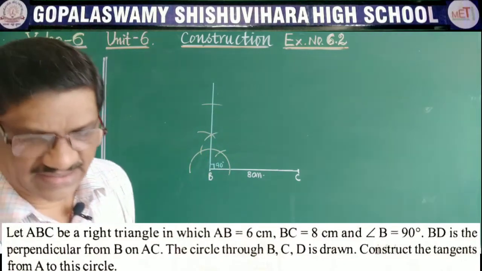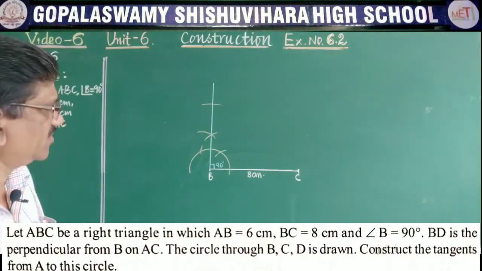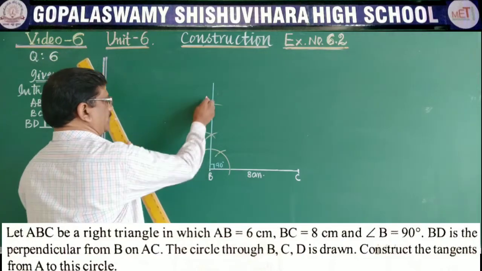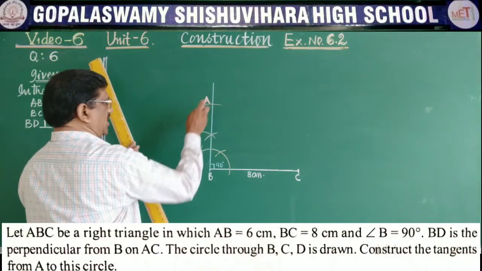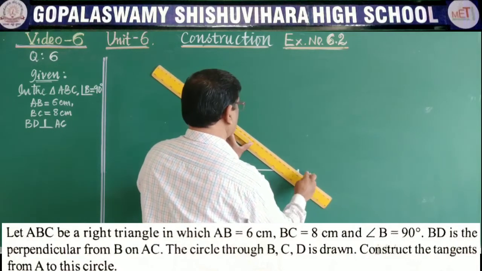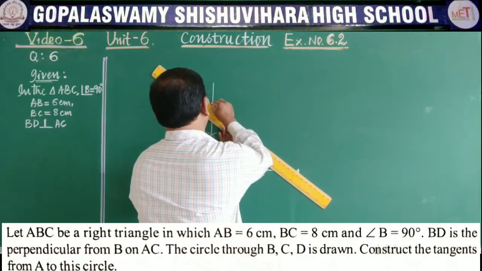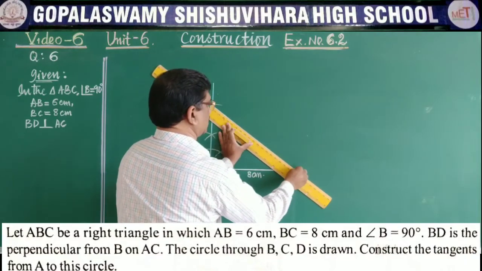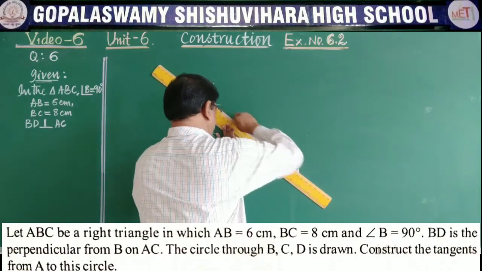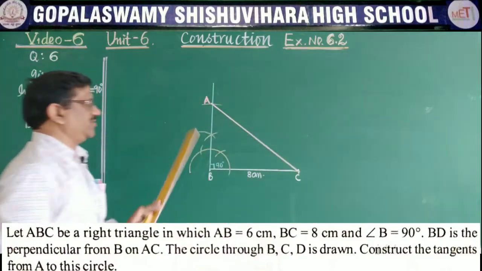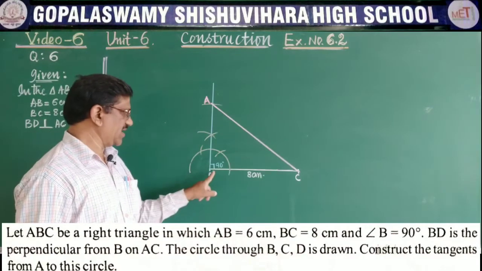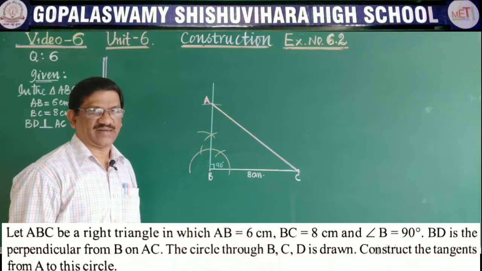So where it cuts the arc, that is nothing but A. Now we have triangle ABC with B equal to 90 degree. Okay, join this. So we have a triangle ABC with angle B is equal to 90 degree.